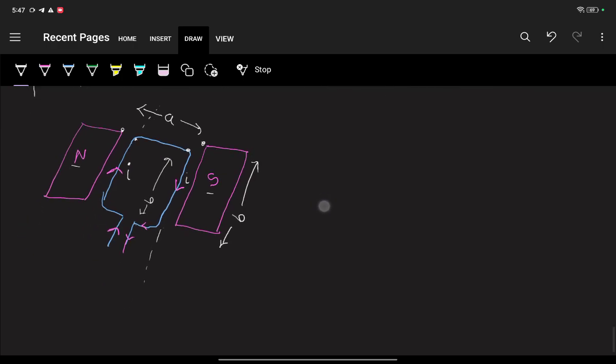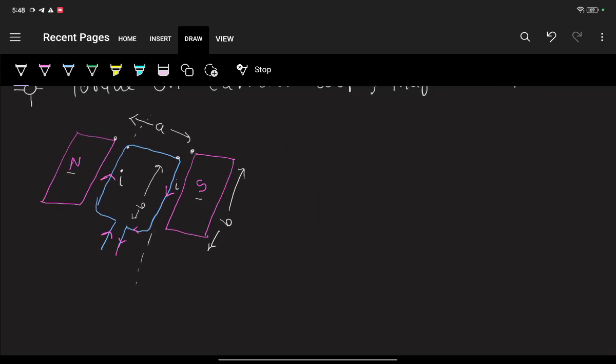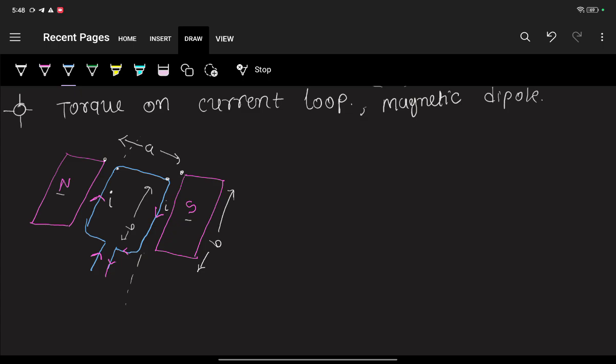So let me draw this loop separately. This is our loop. Current is going in this direction. Now the external magnetic field would be from N to S or S to N? N to S, right?